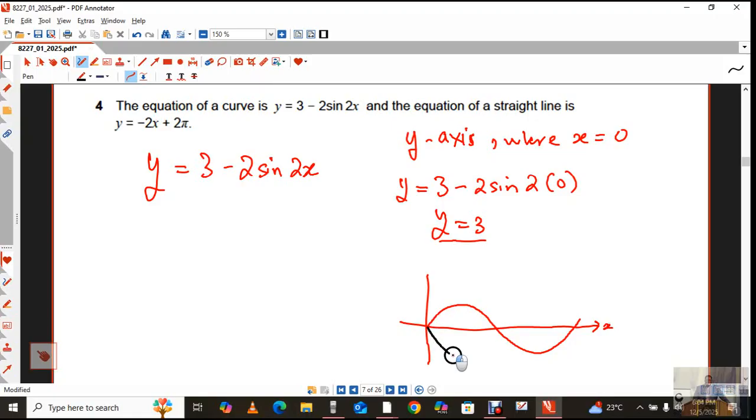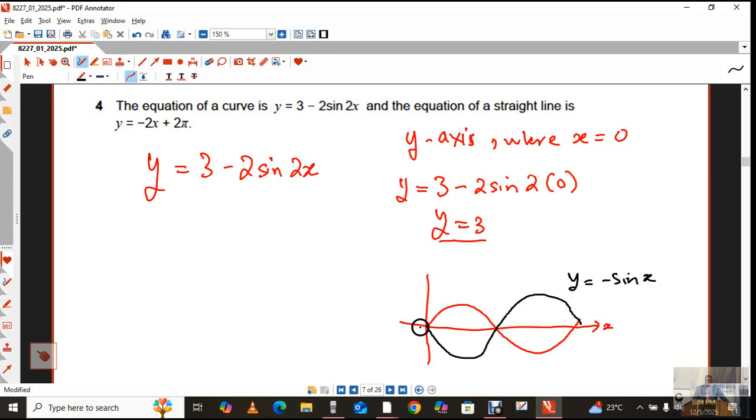So it's going to go down here, goes up again, and does that. So that's what you expect. If this is the graph of y equals minus sine x, that's the black one. So I know my graph has to take that shape. And I also know that it has to touch the y-axis at 3.